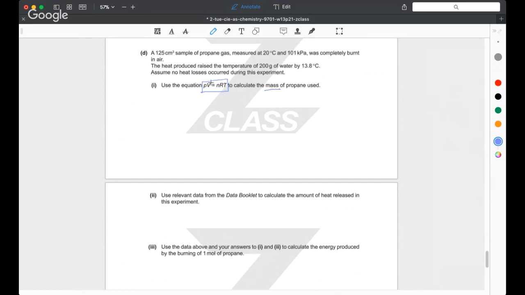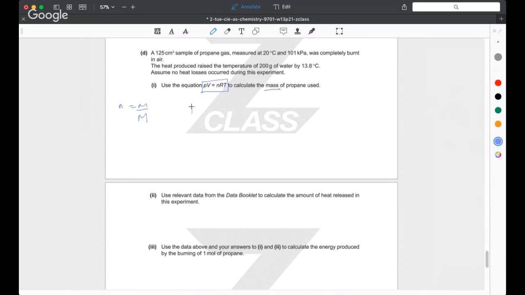Now, there's no value of M in there at the moment, but you recall that the relationship between the amount and the mass is that the amount is the mass divided by the molar mass. And so we want to work out mass later on, don't we?